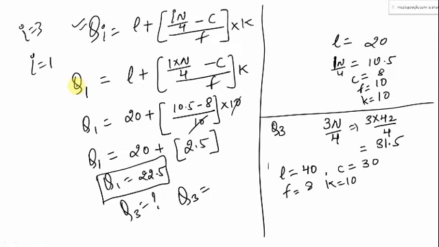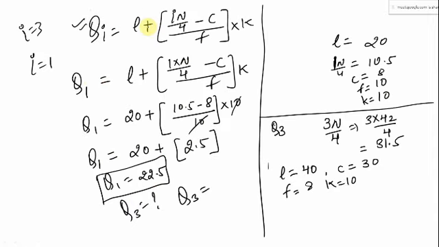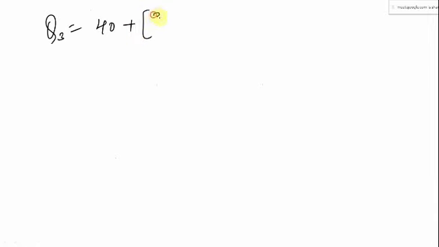So I think let us do it. So Q3 is equal to L, which is 40, plus 3n by 4 will be 31.5 minus C. C is 30, divided by F, which is 8, into 10. So when I'll be solving it, I'm quite sure that it will be more than 40.